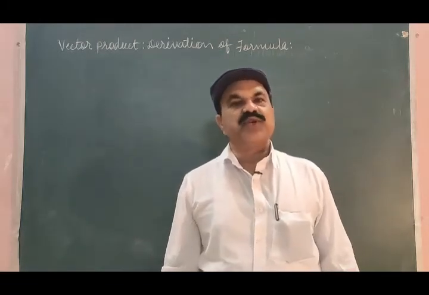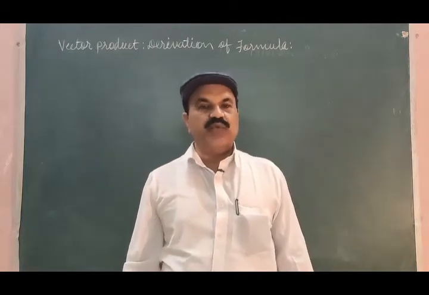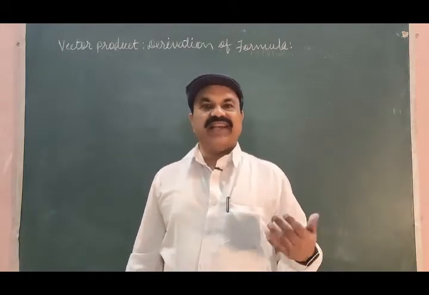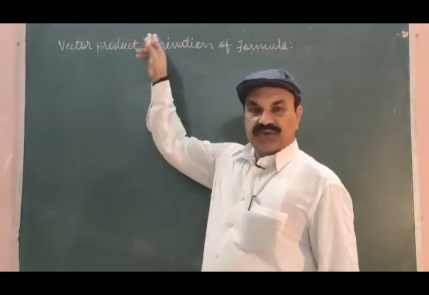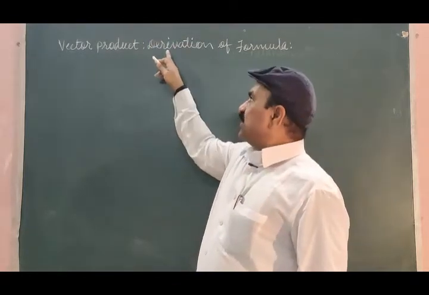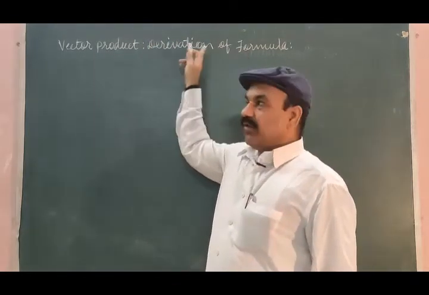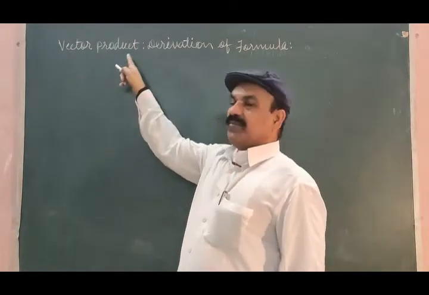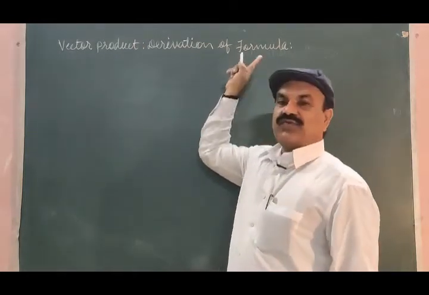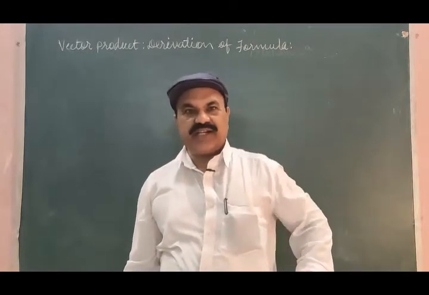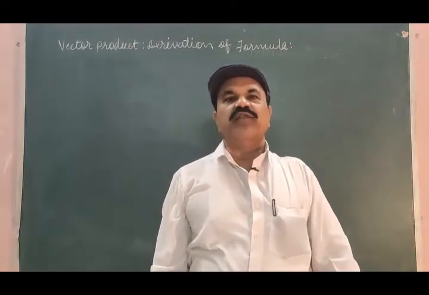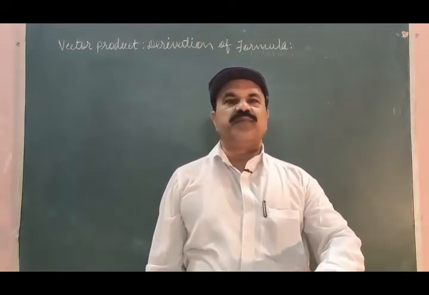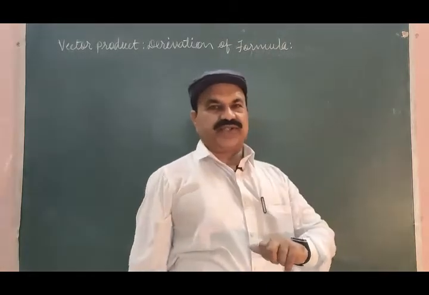Let us make use of these rules we derived in the earlier lecture, and using those rules we shall derive the formula for vector product. Vector product, derivation of formula. Let us try to derive a formula to get the vector product of two vectors.